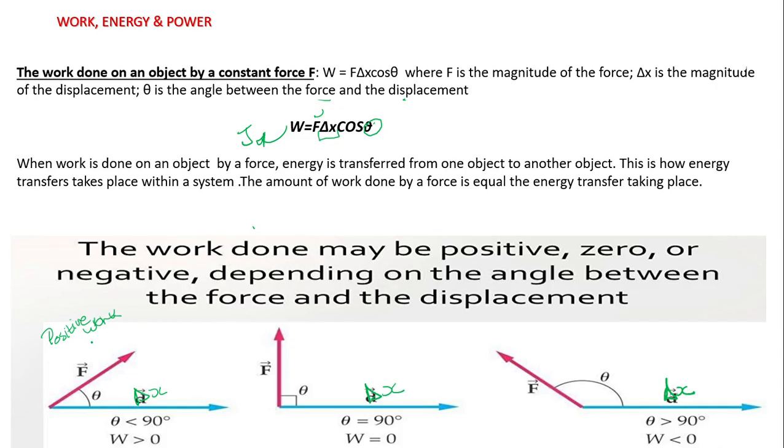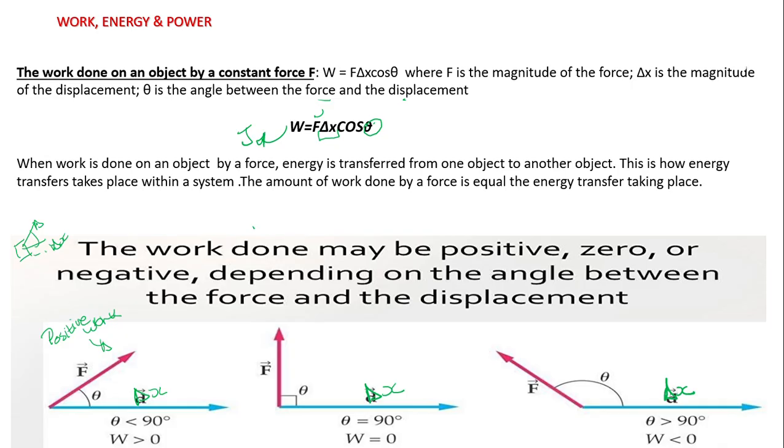In terms of energy, in positive work we are transferring energy to another object. For example, maybe you are pulling a box. If that box moves, it will cover a certain delta x, and you pull it at an angle.